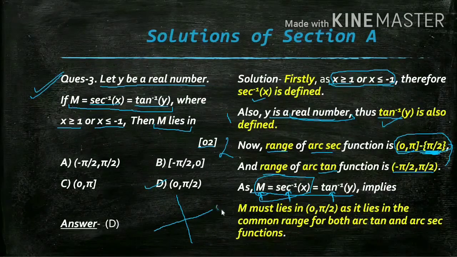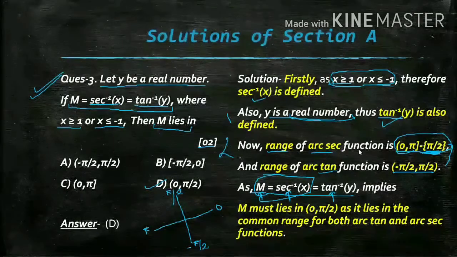So this is basically 0. This is pi. This is pi by 2. And this is minus pi by 2. Correct? Now what you need to do. So for the range of sec function, arc sec function is 0 to pi.